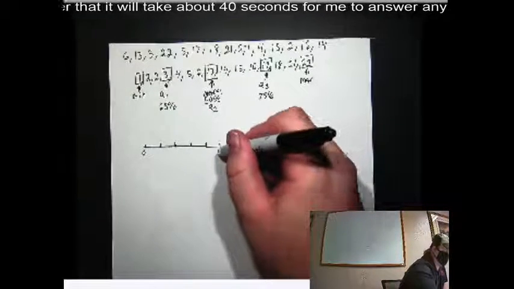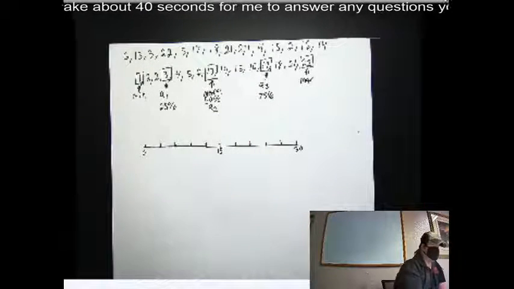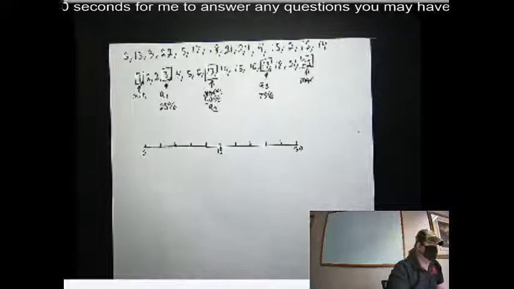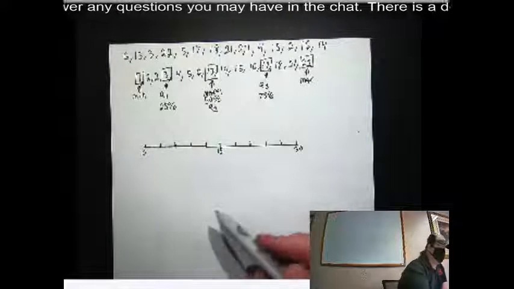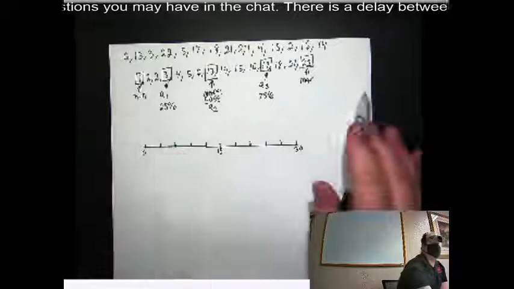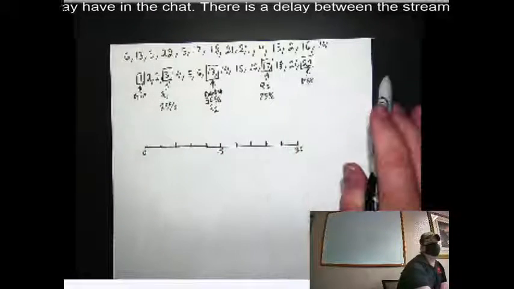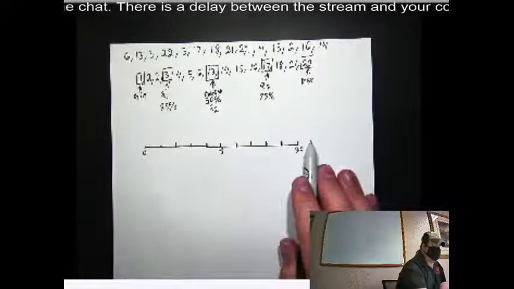Means this middle one is 15. Okay. So now what we'll do is we will take each of these 5 numbers and plot them on here.